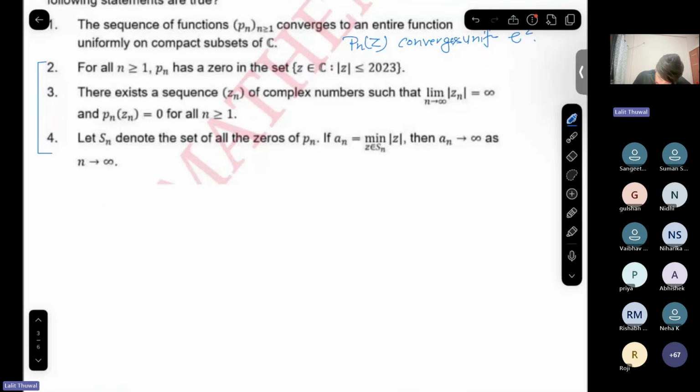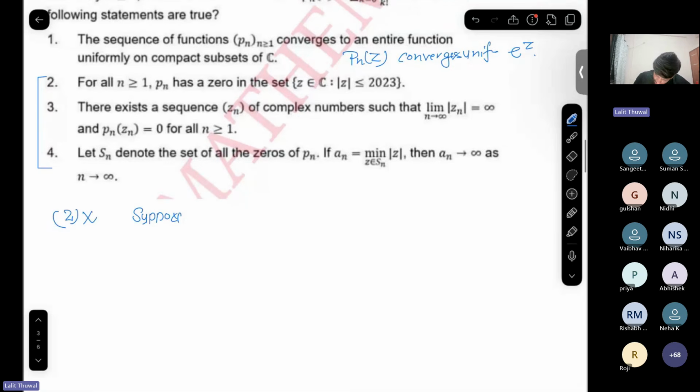So see, second is not true because suppose that it is true. Suppose each P_n has a zero in the set. So this is a disk centered at 0 with radius 2023. Then the sequence P_n(z_n) is the constant sequence 0, right?